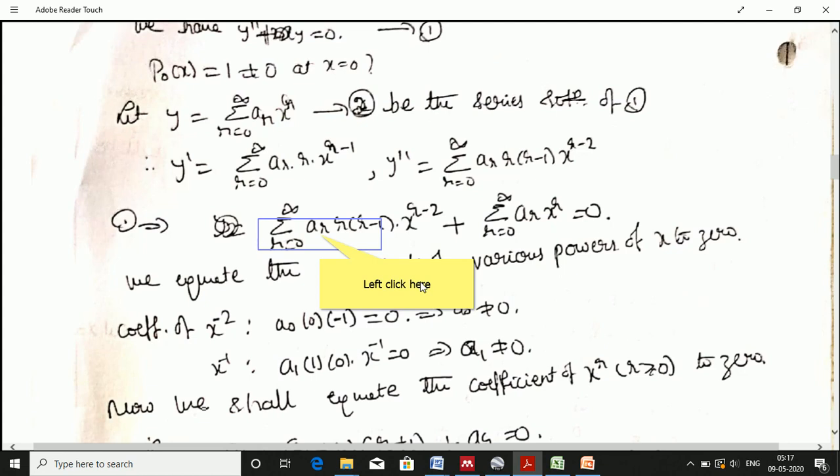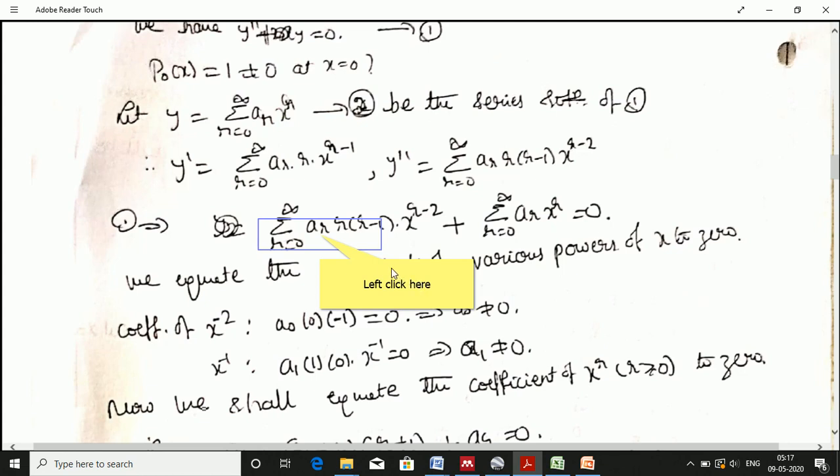Its coefficient is a0 into 0 into minus 1, and I equate that to 0. Here, a0 into 0 into minus 1 is 0 actually, so 0 equal to 0. But because of this 0 that is equal to 0, and minus 1 is not equal to 0, this implies that a0 is not equal to 0.